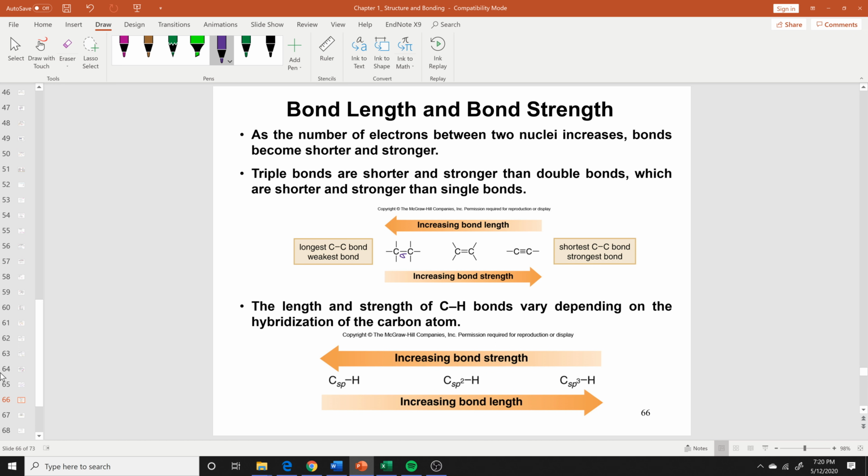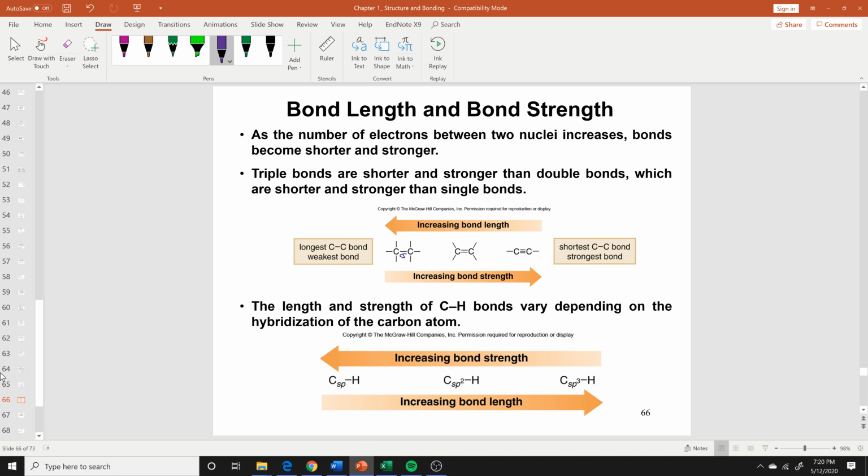The double bond character shortens the bond. So here I'm having one double bond. Here I'm having two double bonds, three double bonds in there, or a triple bond. So the triple bond is going basically to shorten the length of the bond.